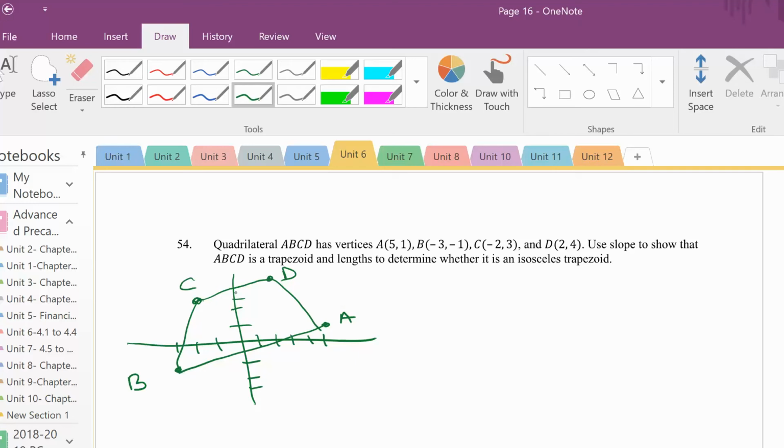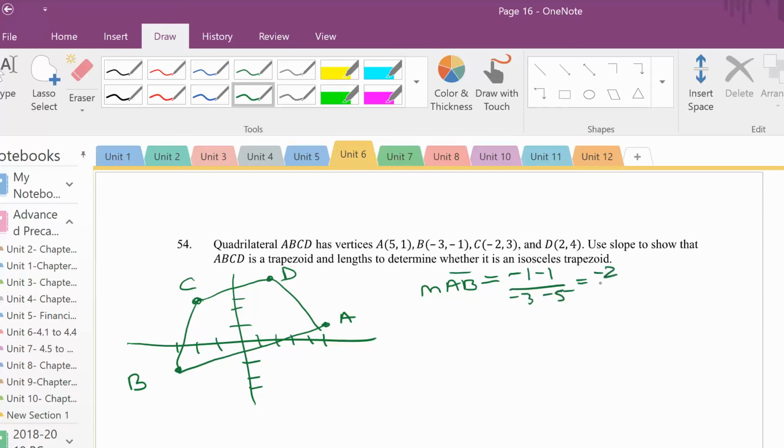So you can use slope. Basically, if you get one pair of opposite sides as parallel, then that's a trapezoid. So the slope of AB is y2 minus y1, so -1 minus 1 over -3 minus 5.